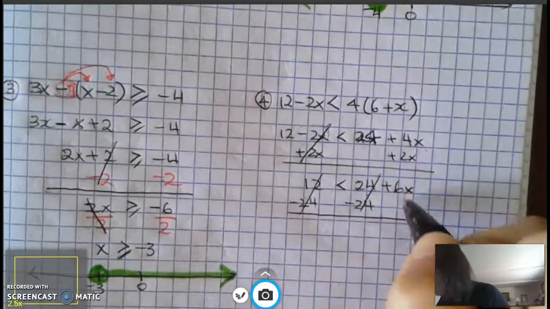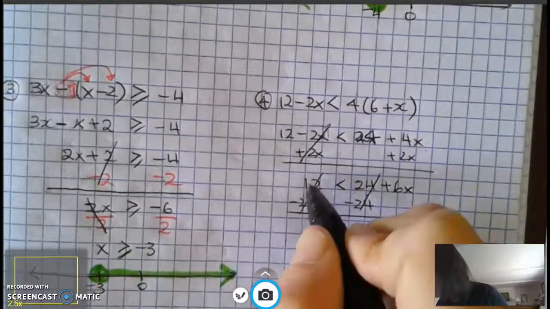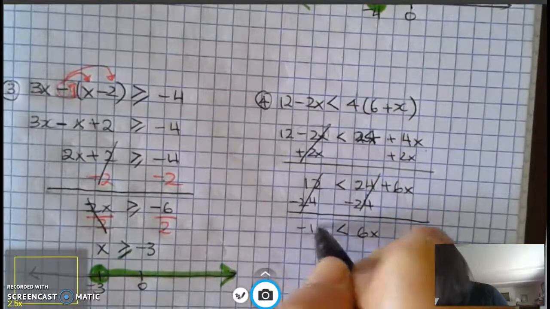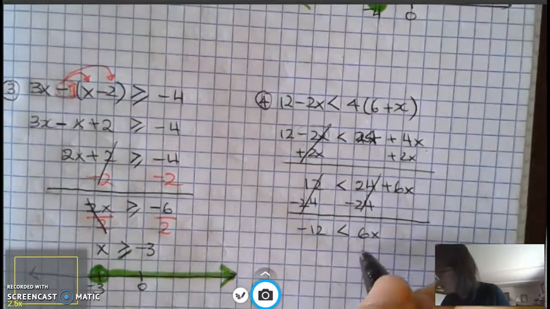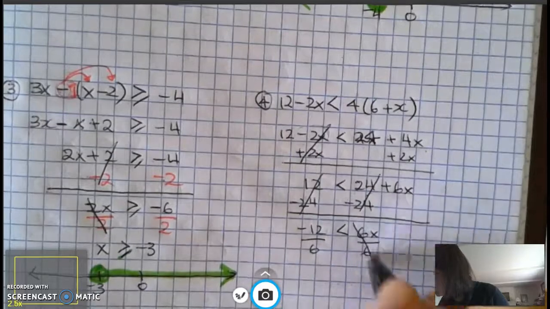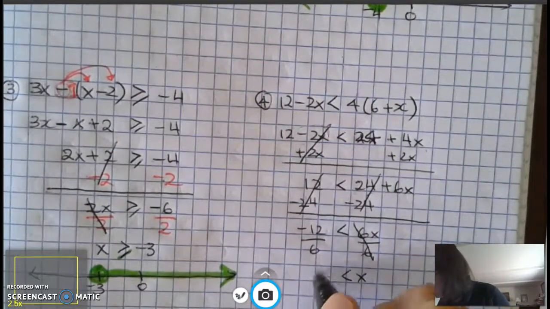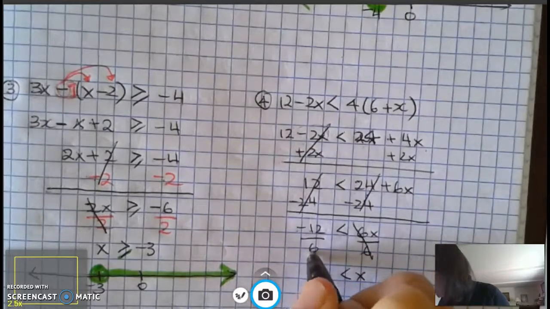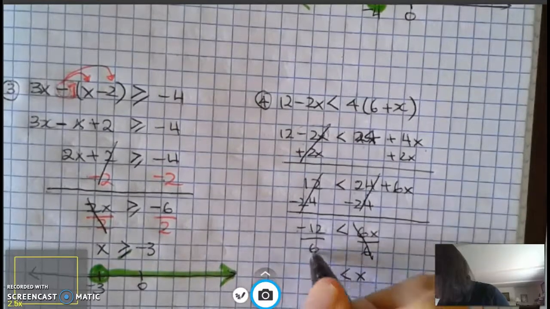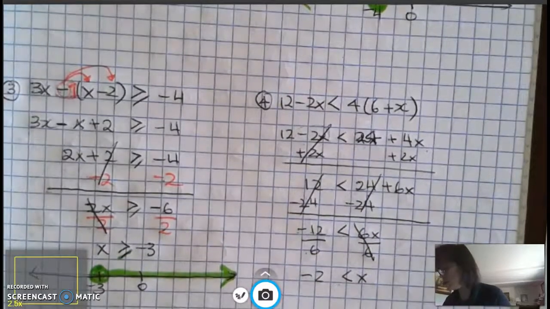That leaves me with 6x on the right-hand side is less than 12 minus 24 is negative 12. And then from here, I am going to divide both sides by 6. And you're left with x is greater than negative 12 divided by 6. 12 divided by 6 is 2. Negative divided by positive is going to be negative.